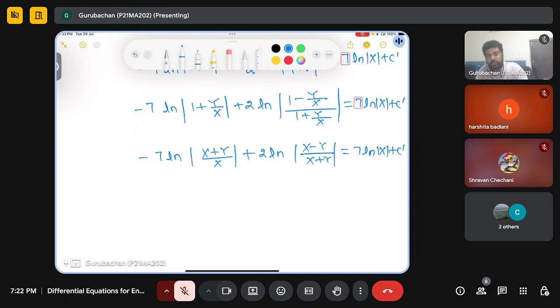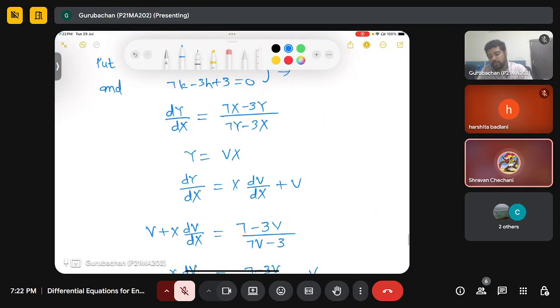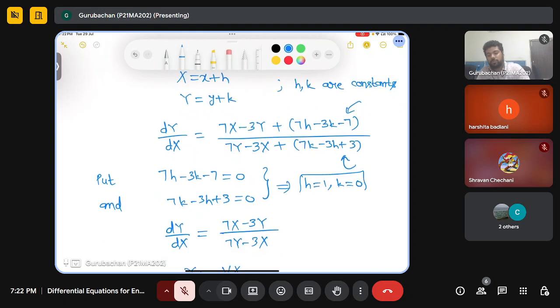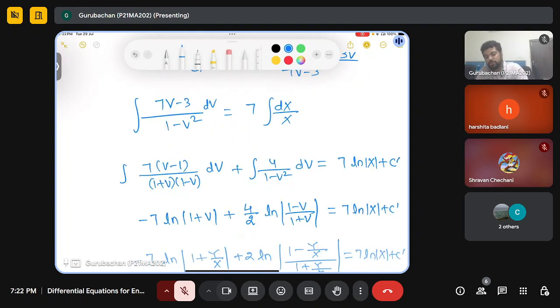So what was the value of h and k? The value of h is 1 and the value of k is 0. H is 1 and k is 0. Suppose I put, yeah, this is satisfying. So this will be the value. H is 1 and k is 0.